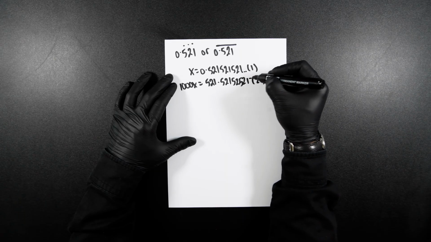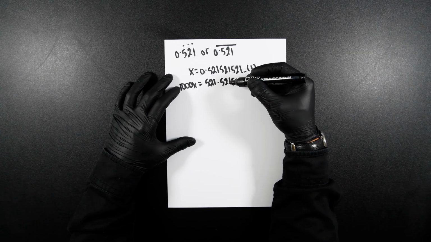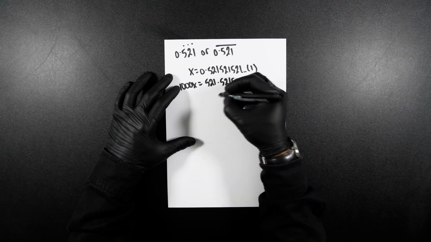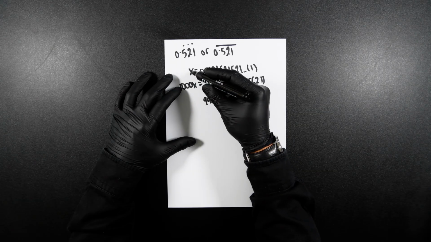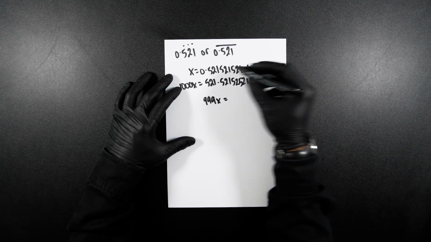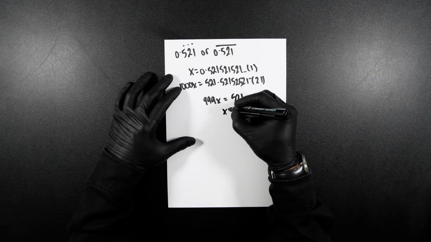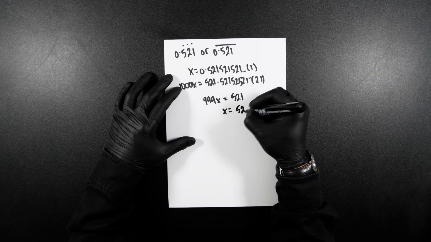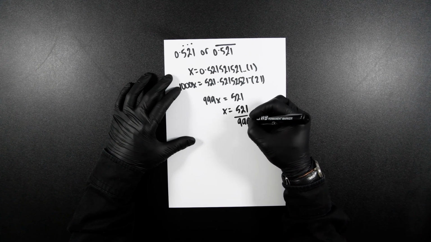And sorry, I should put some dots here. They are recurring forever. So when I subtract them now, you're going to get 999x, obviously 1,000x minus x is 999. Then 521 point all this recurring minus this is just going to be 521. Now if we solve it, x would equal 521 over 999.